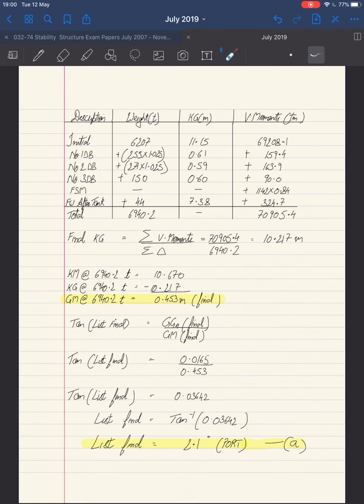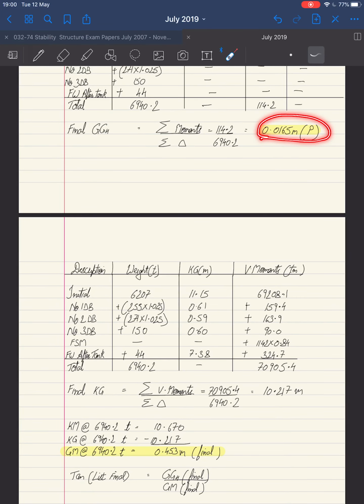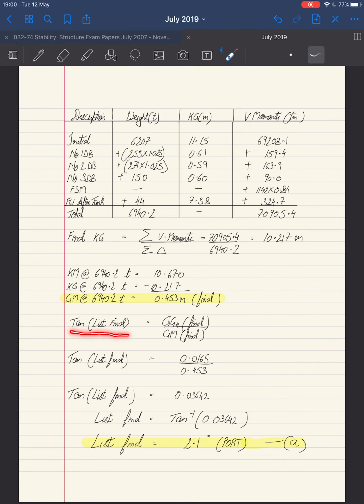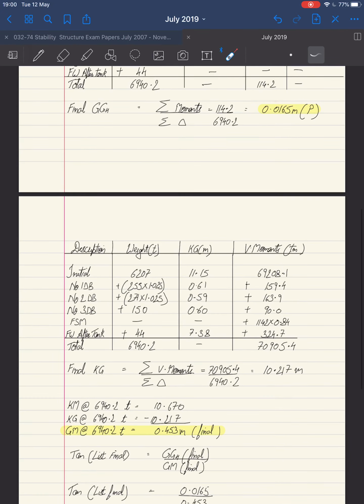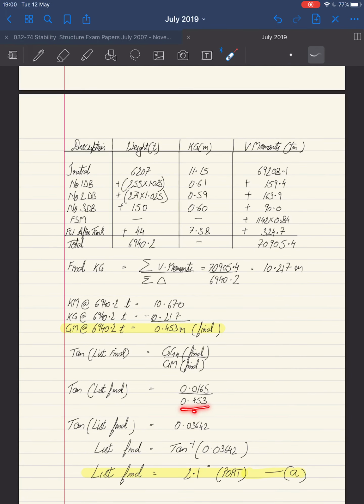Now we know our final GM, and previously we had calculated the final GG'. So we can calculate the list. For calculating the list, we'll use the formula tan list final equals GG' final divided by GM final. So tan list final equals 0.0165, which is the GG' final value, which has been obtained from here, and divided by GM final, which is 0.453 meters, which has been obtained from here, which has given us tan list final equals 0.03642.